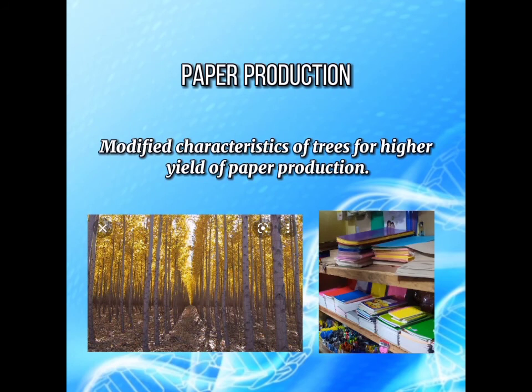So the next one we have is paper production. Maybe we are familiar that one of the sources of paper is trees. The example for this is the poplar trees.